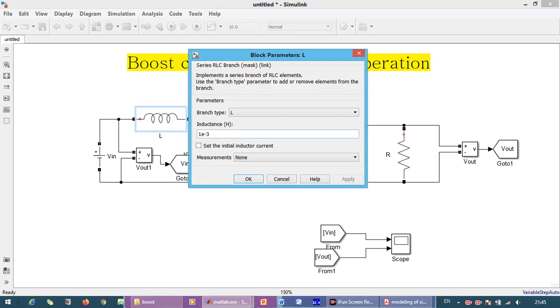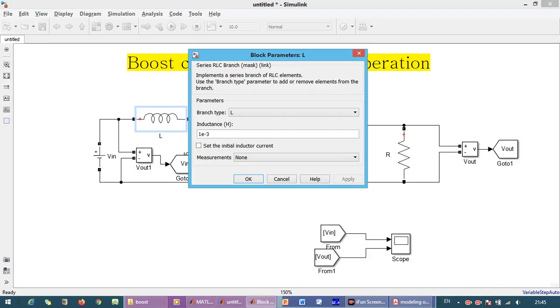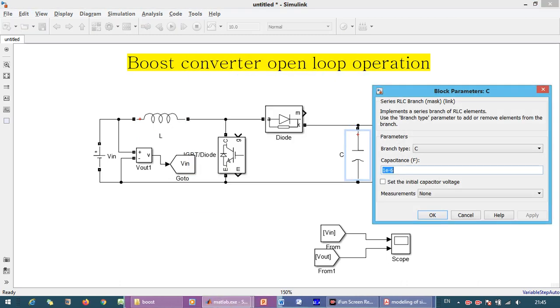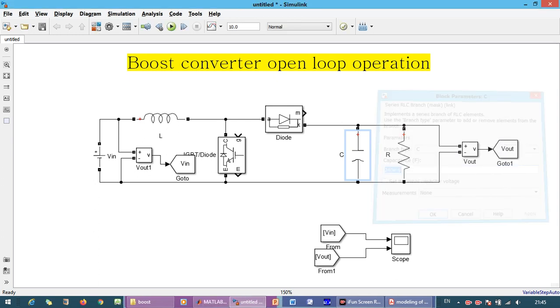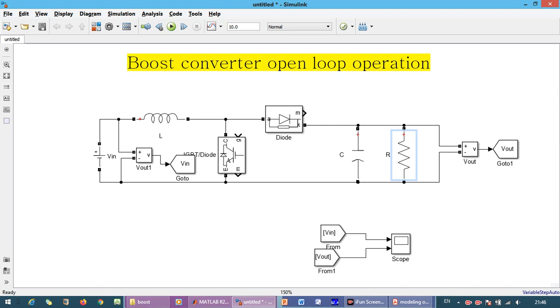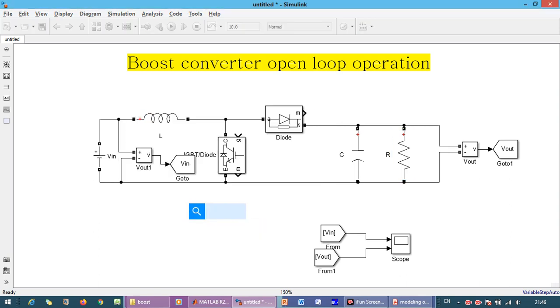So this is 96 millihenry, and this is 240 microfarad, and the load is 50 ohm. Okay, now we need the power GUI block for the power electronics applications. And we just make the time as 1 second. We just run the simulation.